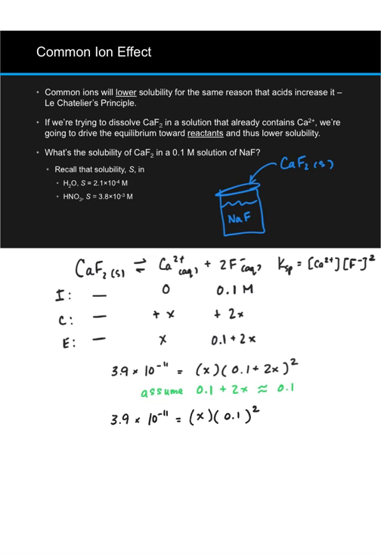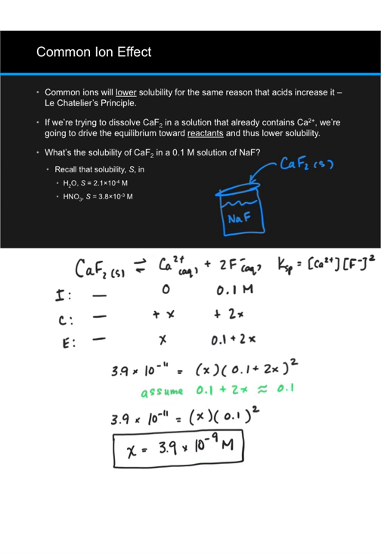To solve for X then, we just divide both sides by 0.1 squared. When we do so, we get 3.9 times 10 to the minus 9 molar. Where fluoride ion were already present in solution of sodium fluoride, when we try to get calcium fluoride to dissolve in that solution, its solubility is inhibited 5 orders of magnitude over.